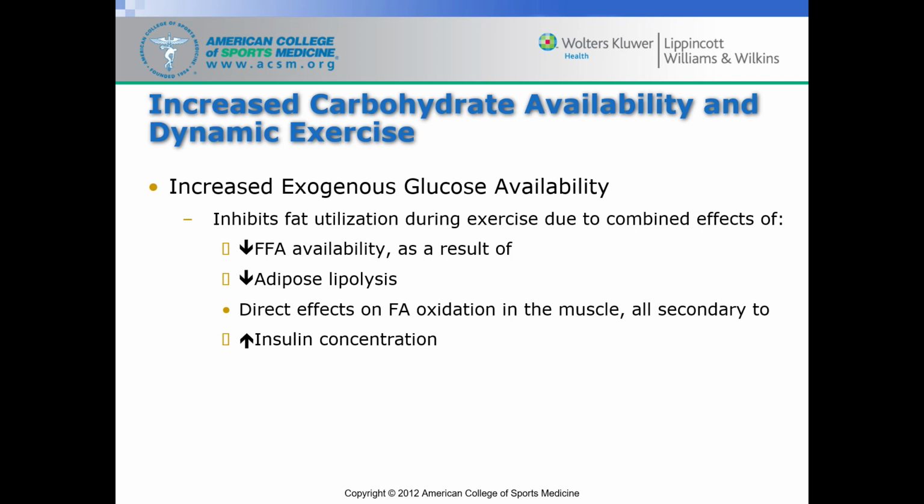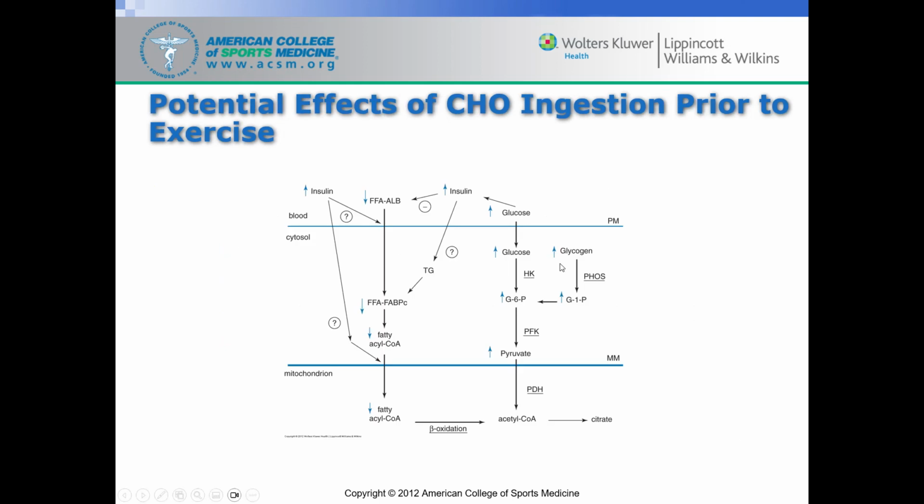And like I said, the whole oxidation principle is similar to real estate. It's all about location. Well, not all about location, but location is very important. All right, with increased insulin, it will move substrate into cells. It's not just glucose, but it'll move glucose and it'll move fat.